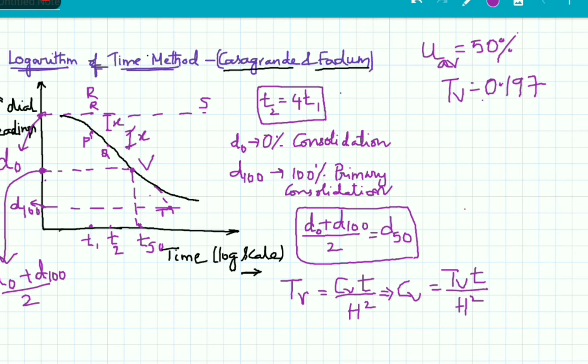For 50% degree of consolidation, the time factor value is 0.197.